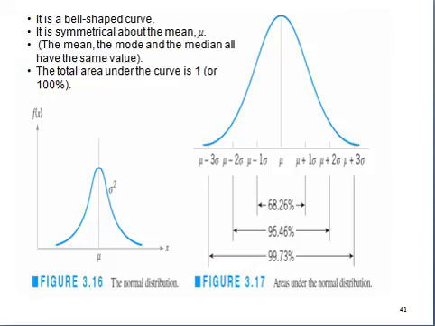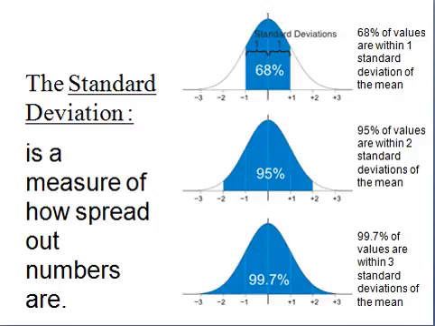It's symmetric, one side is basically the mirror of the other side. The standard deviation is a measure of how spread out numbers are, and this is what I just explained: what is plus minus 1 standard deviation, what is plus minus 2, and so on.